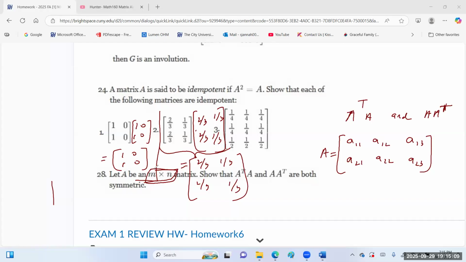It's a non-square matrix. Now, if you look at its transpose, A transpose, what would be its transpose? Maybe I can use letters. A, B, C, D, E, F will be easier for you.